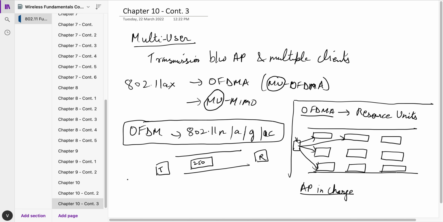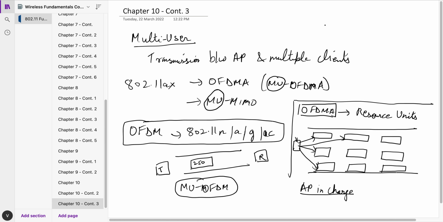So in OFDMA, each resource unit here is given to one client. So we are also doing, in a way, multi-user OFDM, right? So that is something which is given to us via .11 AX protocol.